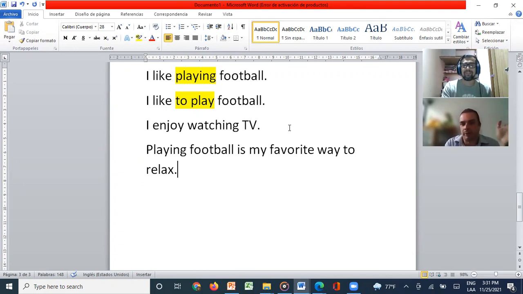So I got it, because if I use "I like to watch TV," it is very mechanic, like a robot. Exactly. Starting with the gerund is going to help you a lot, right?